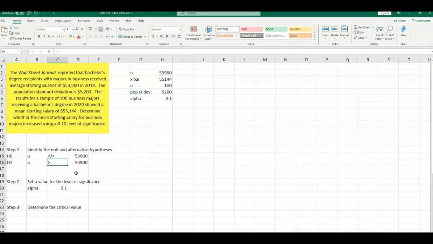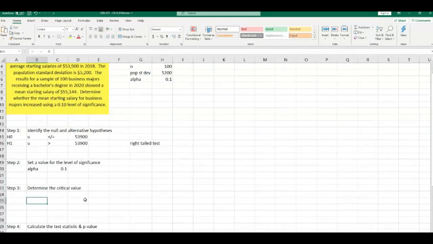So if your alternative hypothesis has a greater than sign, the arrow points to the right, and that's telling us it's a right-tailed test. We'll keep that in mind because it is going to come into play when we're talking about our test statistic and p-value in step 4.